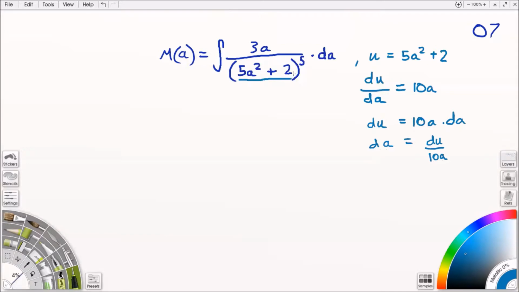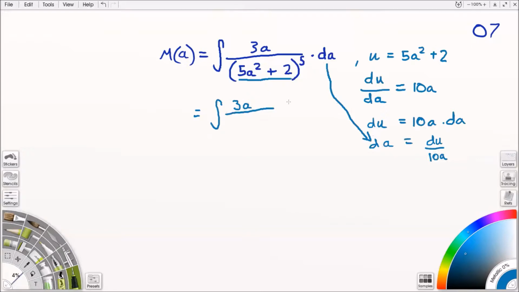So what this pretty much says is, since dA here, I did that line backwards, since dA here is exactly the same as du over 10a, we can actually get rid of this a term when we rewrite it again. We've got the integral of 3a.